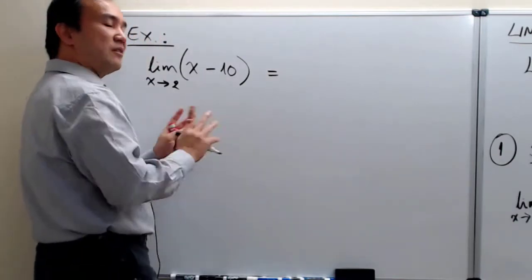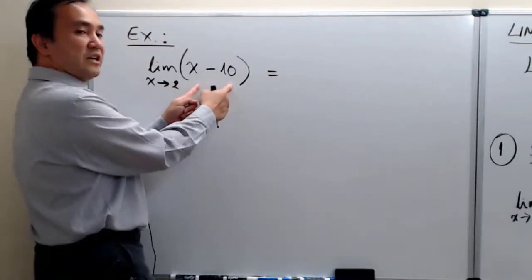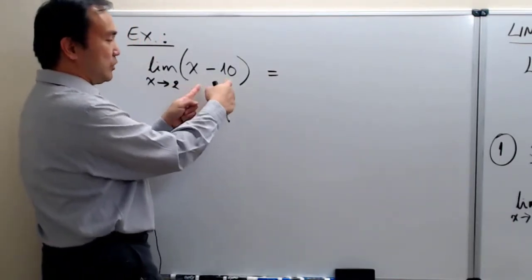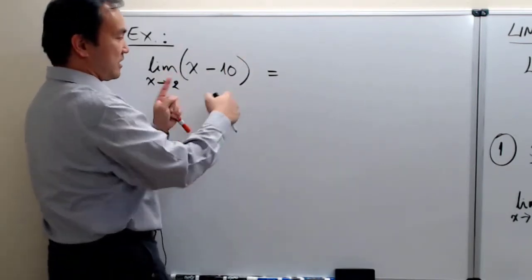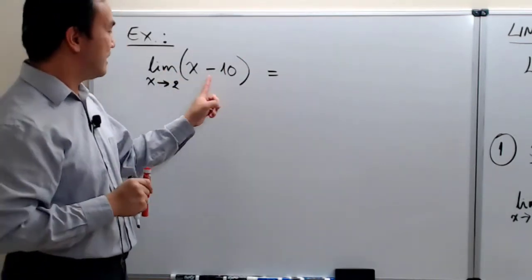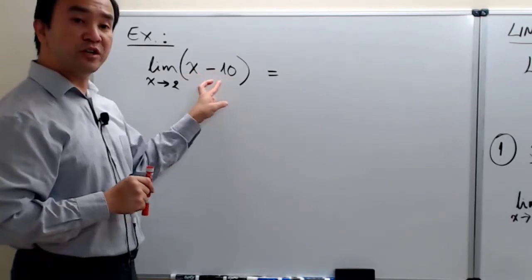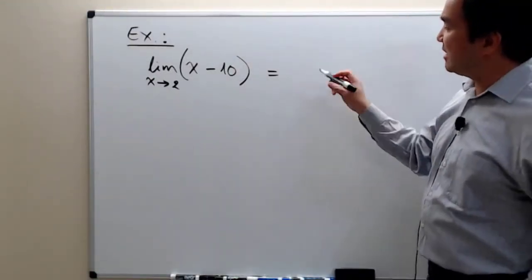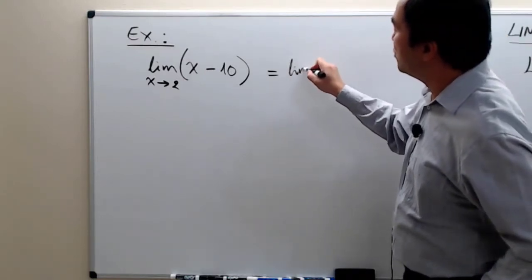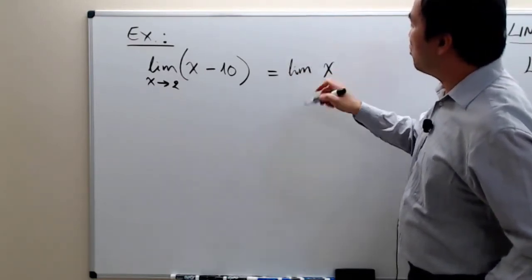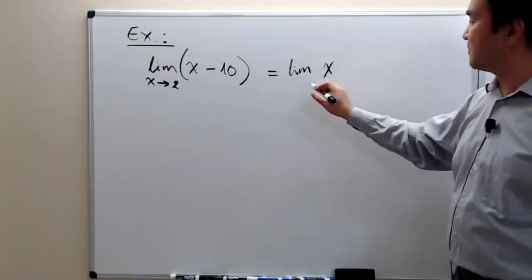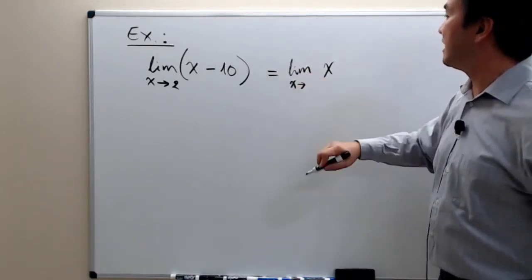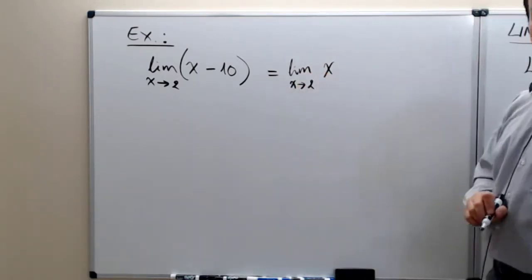The reason I mention the difference law now is because right here in our problem we have two terms, and x minus 10 is a difference between the two terms. And so the limit law that we just learned allows us to separate it out into one individual limit for x, as we let x get to 2.